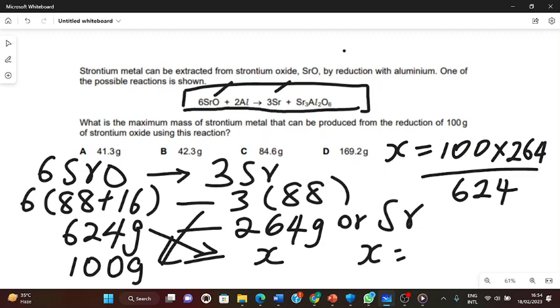The answer will be 42.3 grams. Therefore, the answer to this question is B, which is 42 grams.